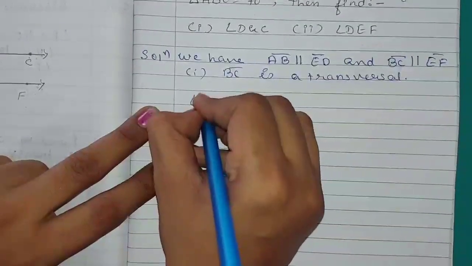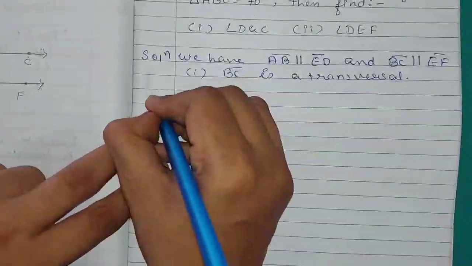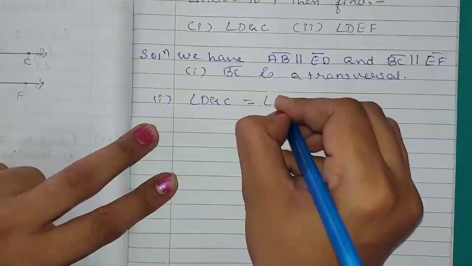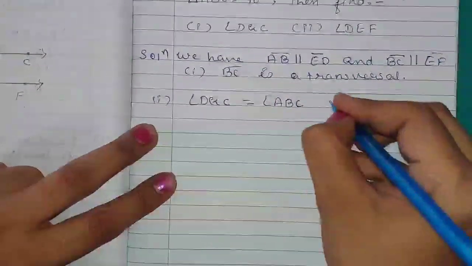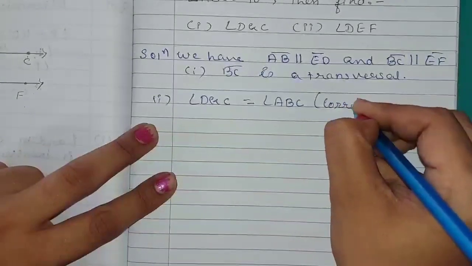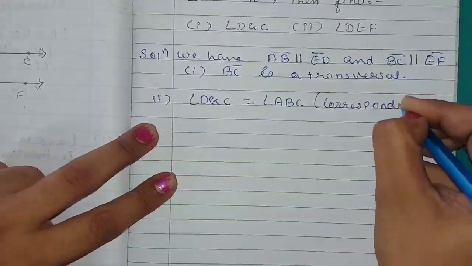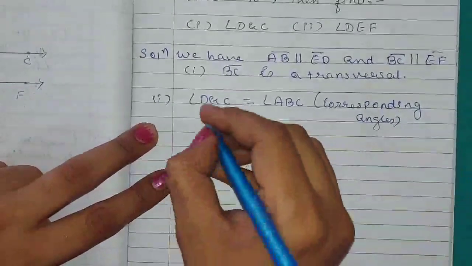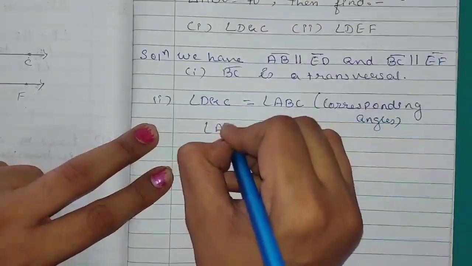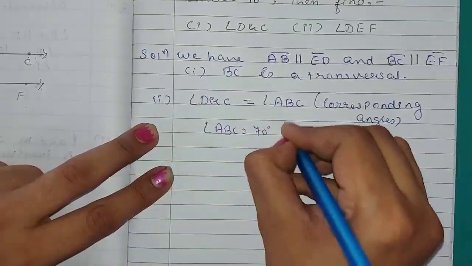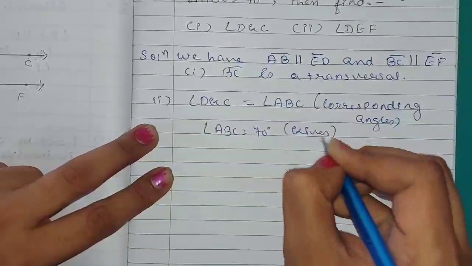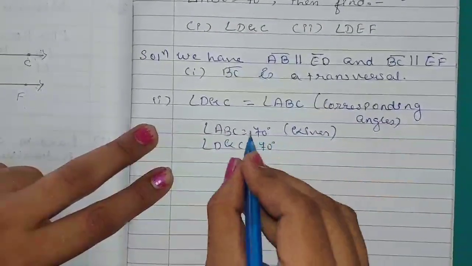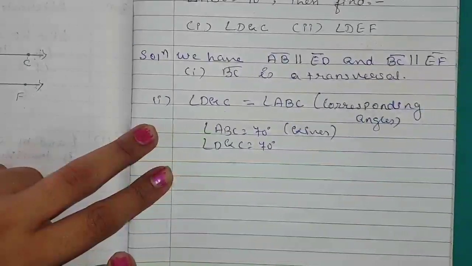So here we can say that angle DGC equals angle ABC. How are they equal? Because of corresponding angles. So therefore angle ABC equals 70 degrees. This is given in the question. So angle DGC equals 70 degrees only, because these two are equal because of corresponding angles.